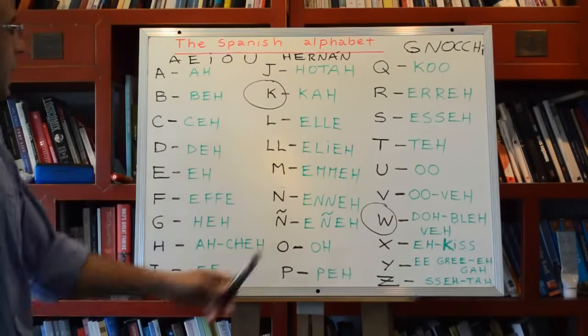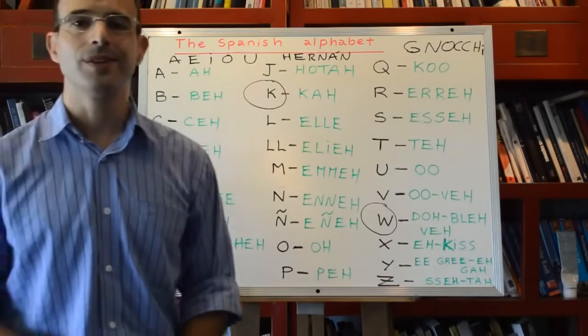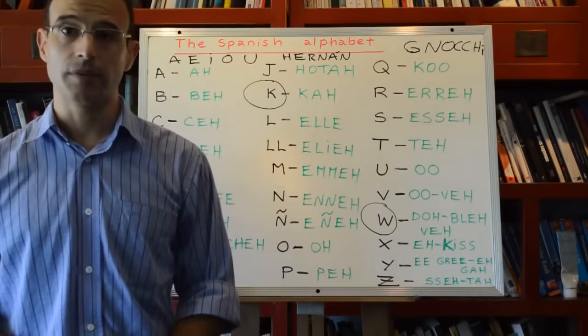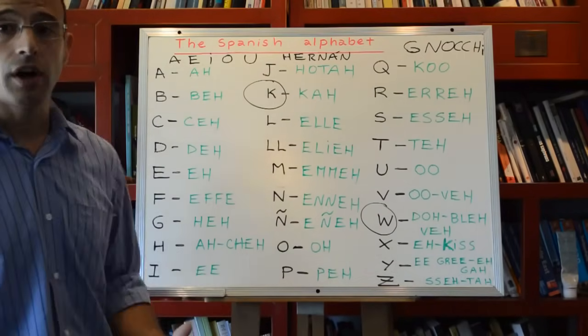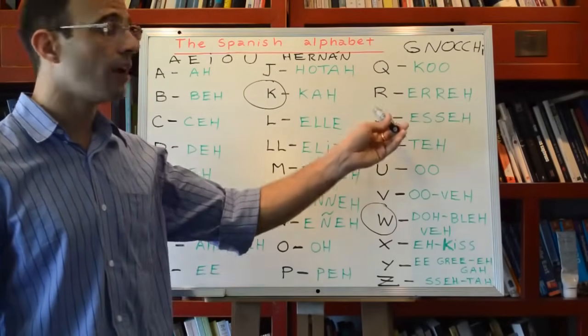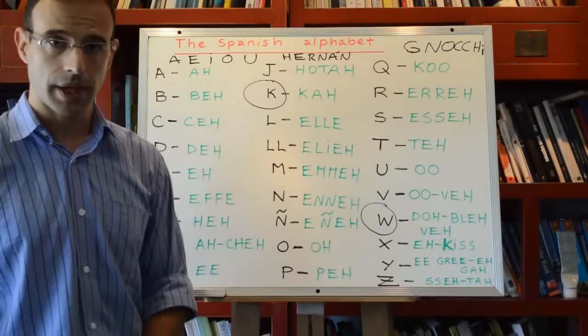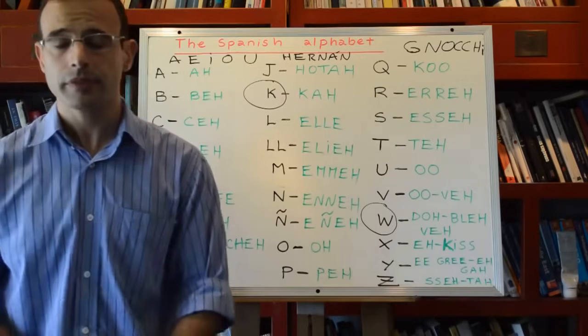Good. Let's talk about the letter R. Letter R has two different sounds in Spanish, okay? We have the rough, tough, or hard R, and we have the soft R, okay? So when do we have a hard R and a soft R?